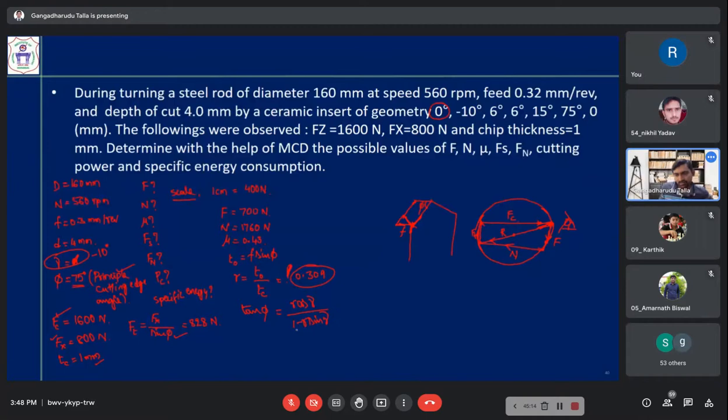Now from this, tell me what is phi. Find out that phi, the tan inverse of that.